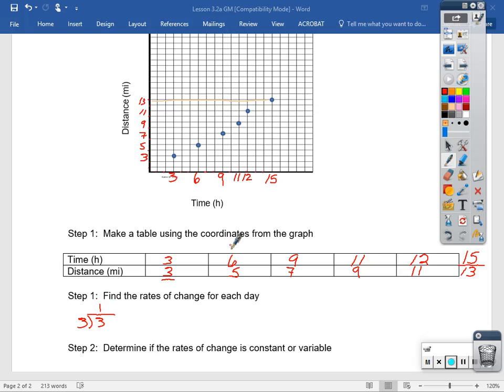Day 2, or distance 2 that's plotted, is going to be 6 divided by 5. We know that that does not actually go in evenly, so I'm going to add a 0. And 6 goes into 50 how many times?